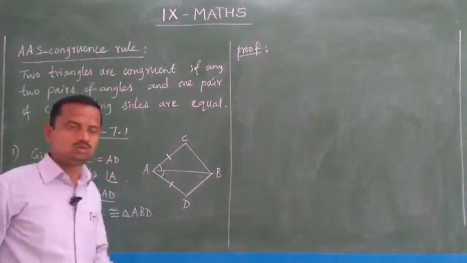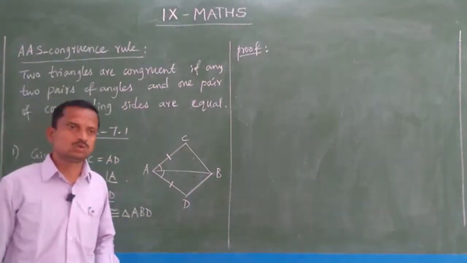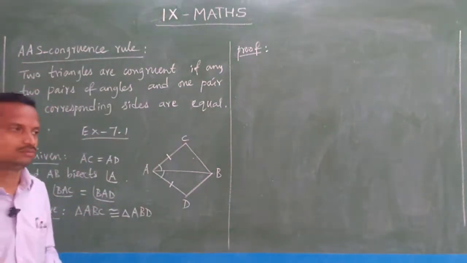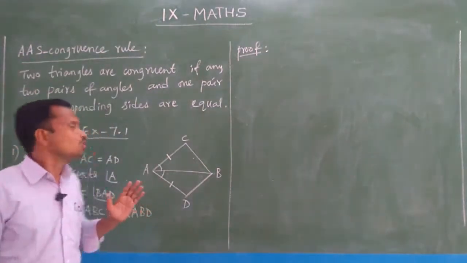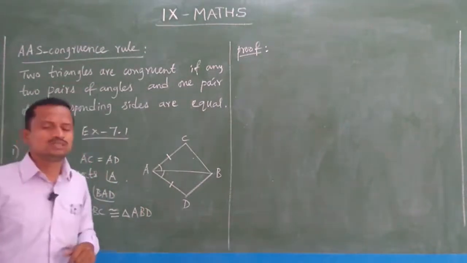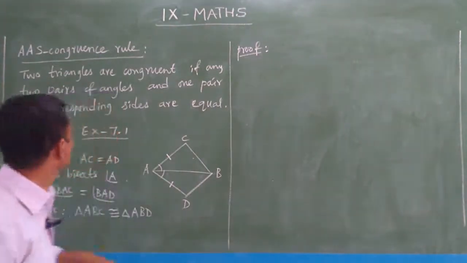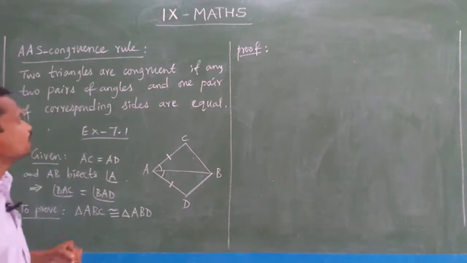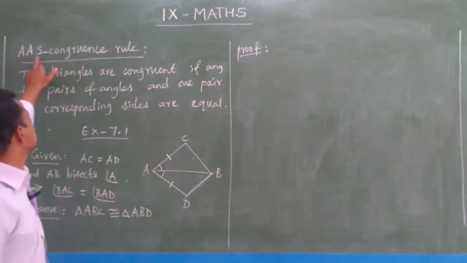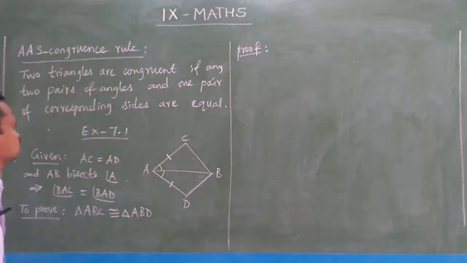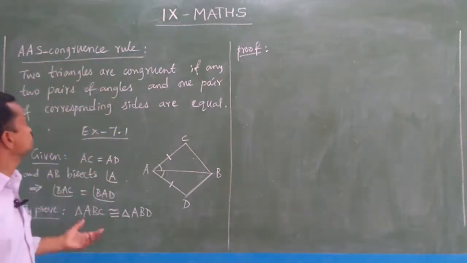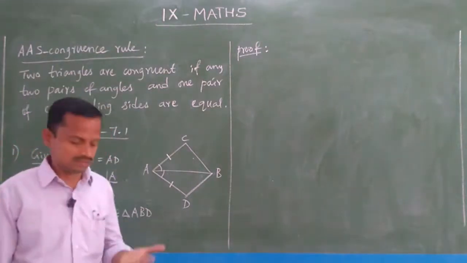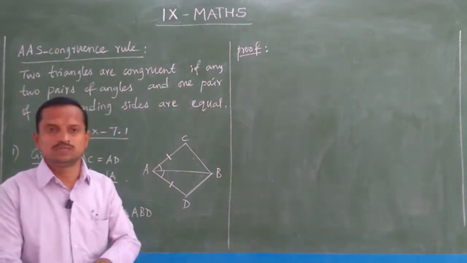So, now coming to the AAS congruence rule. Angle, angle, side. Okay. So, two triangles are congruent if any two pairs of angles and one pair of sides, so one side is there, one pair of corresponding sides are equal. Then we can say by AAS congruence rule, the two given triangles are congruent to each other.